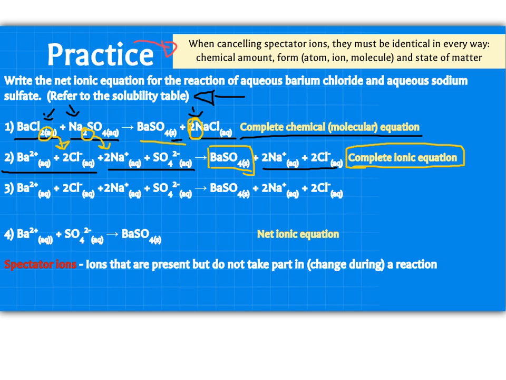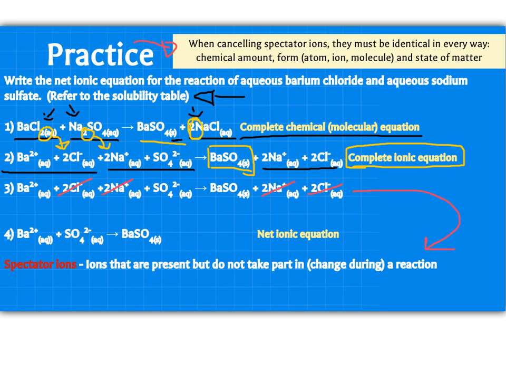So what we can cancel out here, we can see on the left-hand side we have 2 chloride ions, and on the right-hand side we have 2 chloride ions. And we can also cancel out our sodium ions, because on the left-hand side we have 2 sodium ions, and on the right-hand side we have 2 sodium ions. Everything that I've crossed out in red here, we can call our spectator ions, which again are ions that are present but do not take part in a reaction. That means that they're not changing.